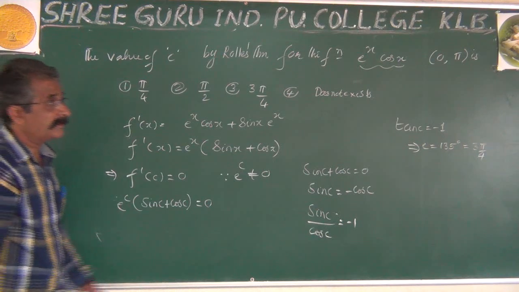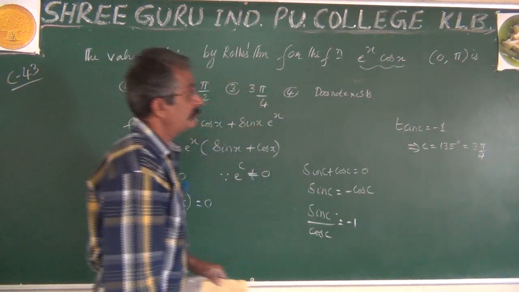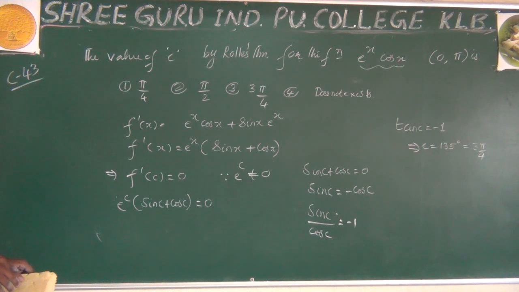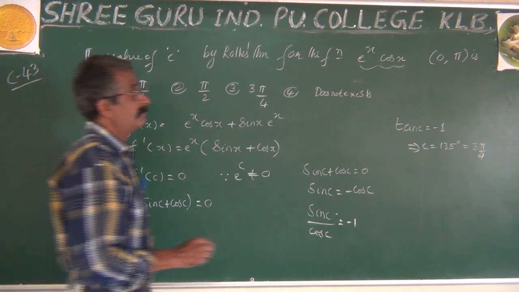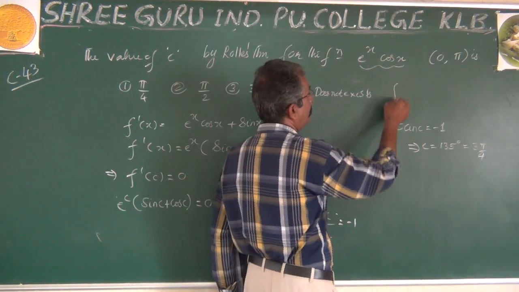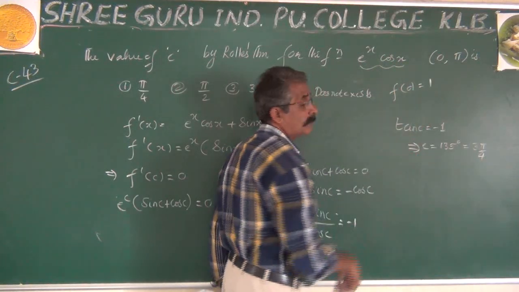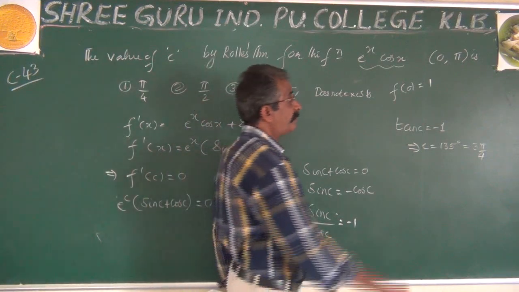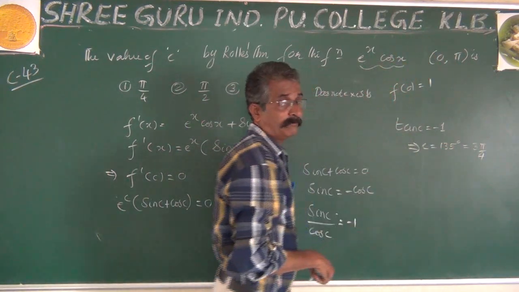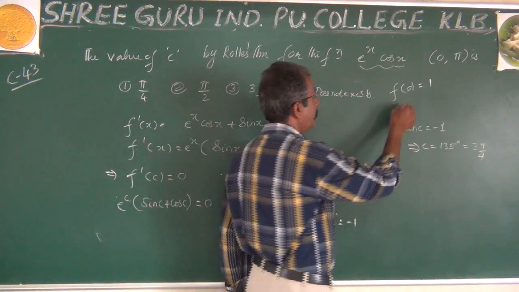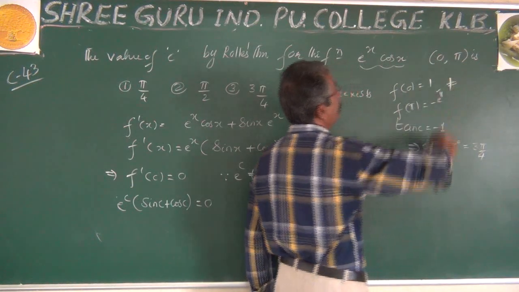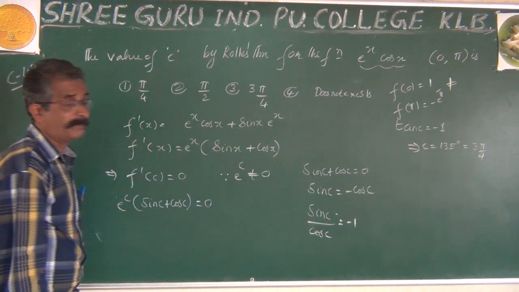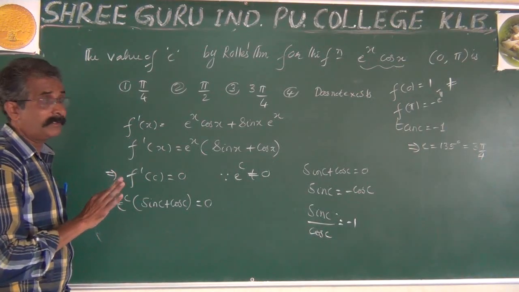If same problem is given for e power x into cos x, then my question is whether Rolle's theorem can be applied. It cannot be applied because f of 0 is 1, whereas f of pi, cos pi is minus 1 into e power pi, f of pi becomes minus e power pi. Obviously, f of 0 not equal to f of pi. Hence, we can't apply Rolle's theorem.